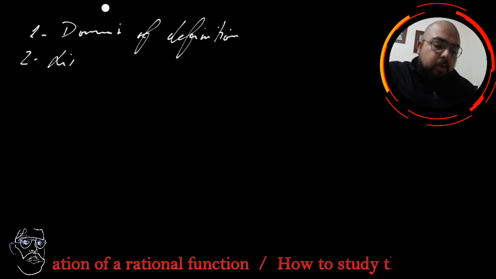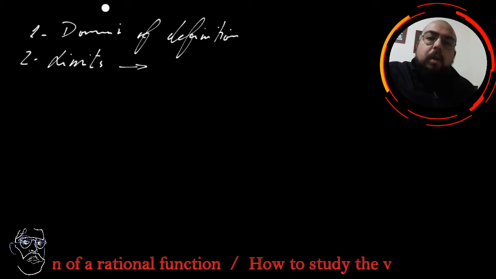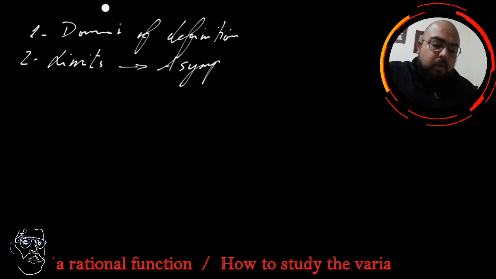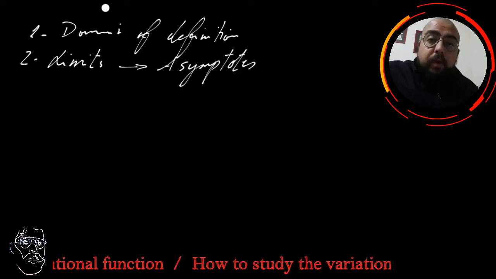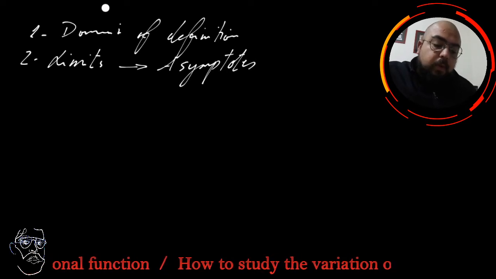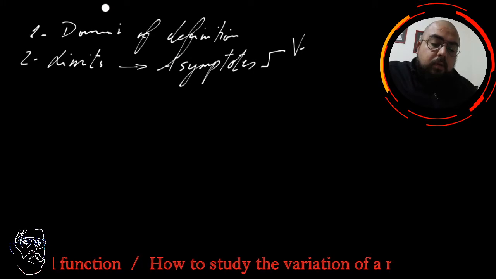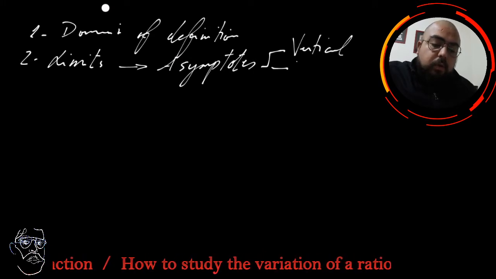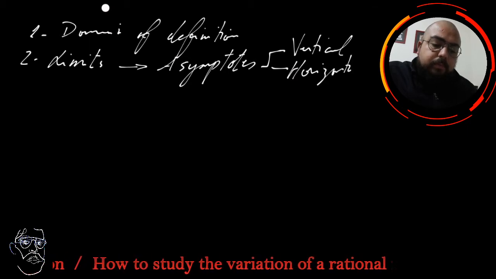After calculating the limits, we're going to be able to talk about the asymptotes. Now, in this case, whenever we have a rational function, it's very possible to have a vertical asymptote, or horizontal, or even oblique.